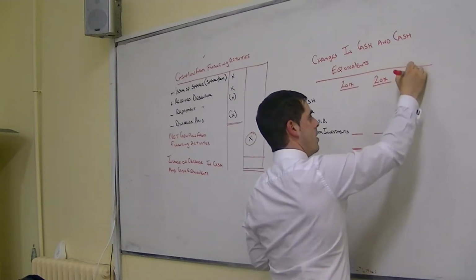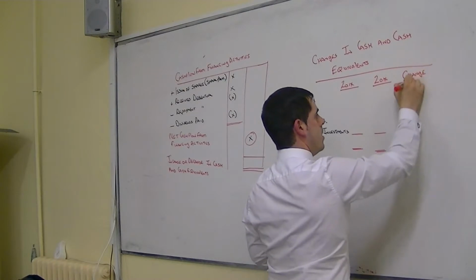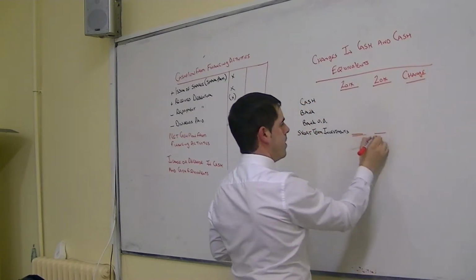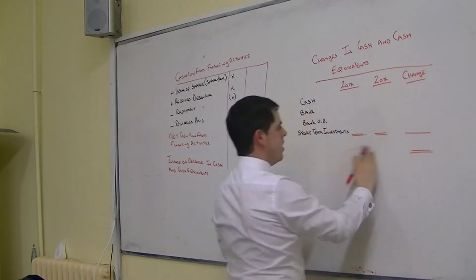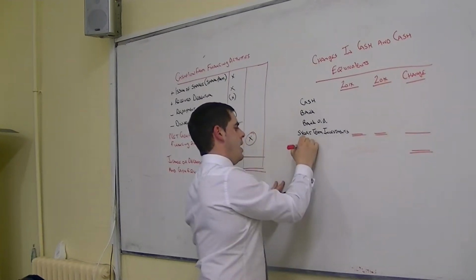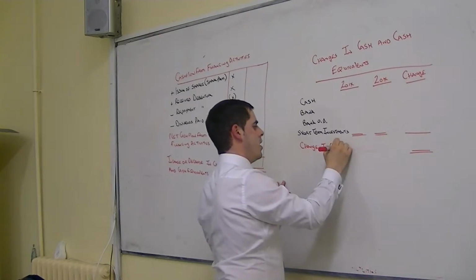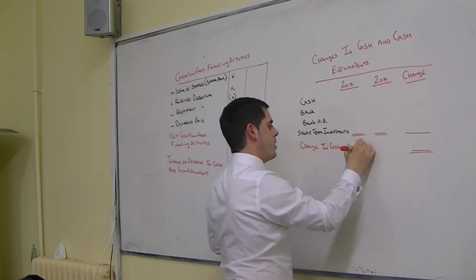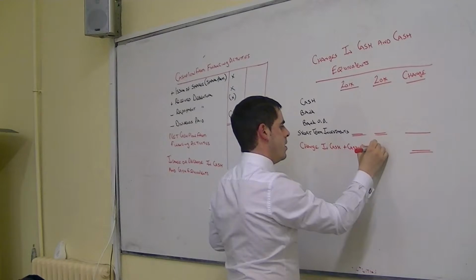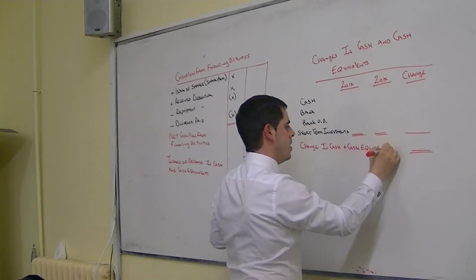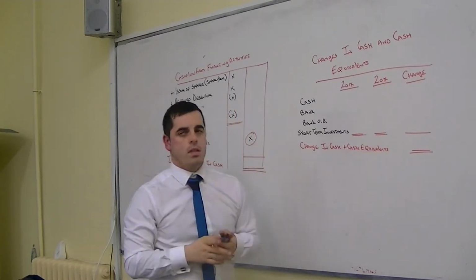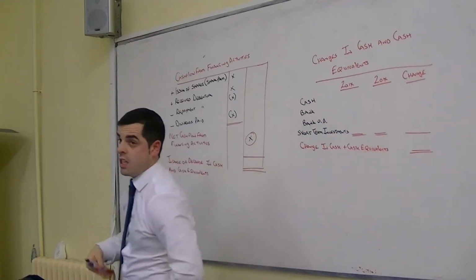And we'll have one column for change. So we look at our change column, and that will give us our change in cash and cash equivalents. So that just checks to see if we're right or wrong.